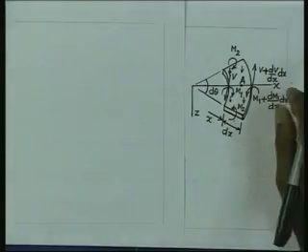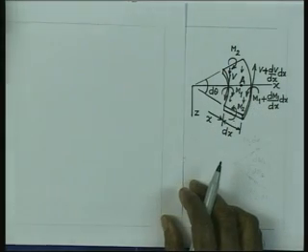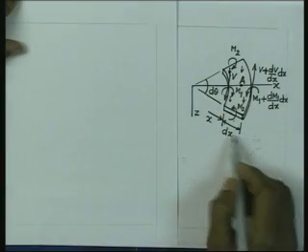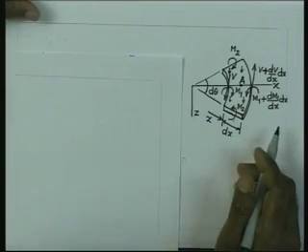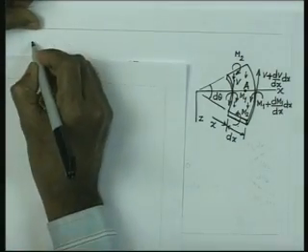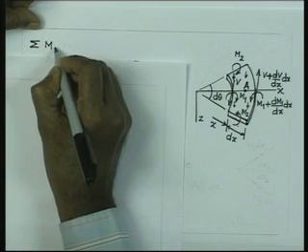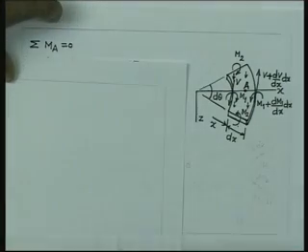Now, let us consider the moment of all the forces about the center point of this element, which is of dimension d theta and dx. So, we will consider the moment of all the forces which are shown here about A, that is equal to 0.